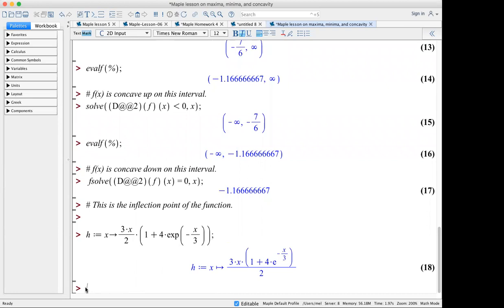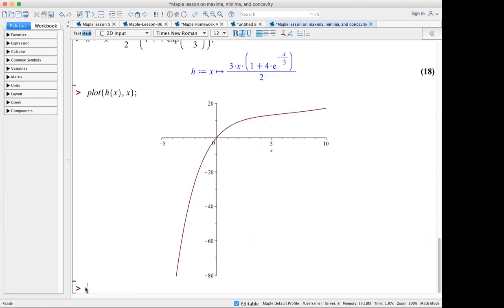That is, 3 halves x times 1 plus 4 e to the minus x over 3. What does this function look like? Let's plot it. That's interesting. Goes up, keeps going up.